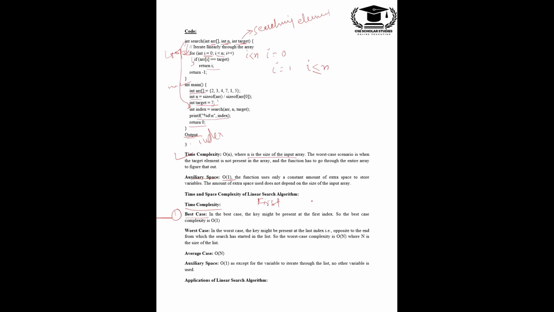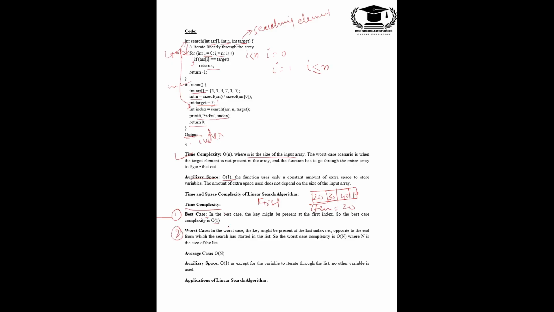Suppose we want to search an element in this array: 20, 30, 40, 10, and we want to search item 20. 20 is at the first position, then this is the best case, and the time complexity of searching this element is big O(1), because we find it at the first position and there is no other comparison.